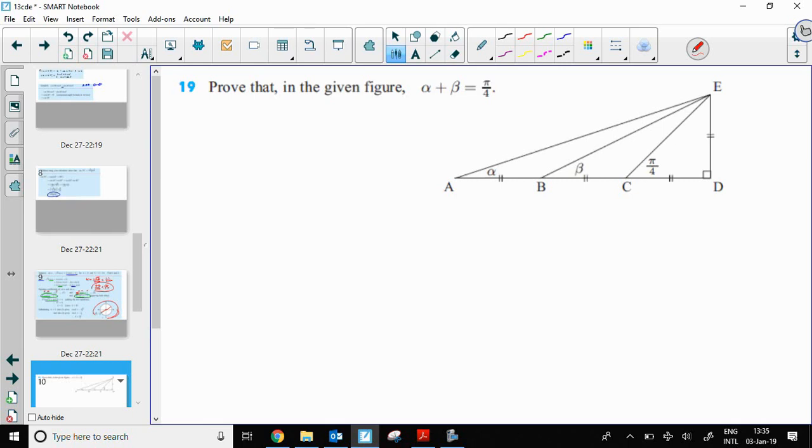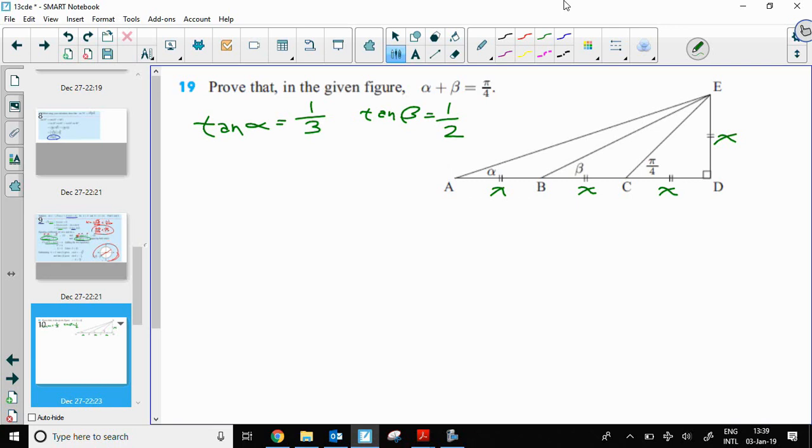So prove that alpha plus beta has to be equal to pi over 4. All right, we don't have a lot to go on in the picture, but we do have a bunch of pieces that are congruent, so we can work out that sine of alpha is 1/3 and sine of beta is 1/2. And we want to say something about alpha plus beta.